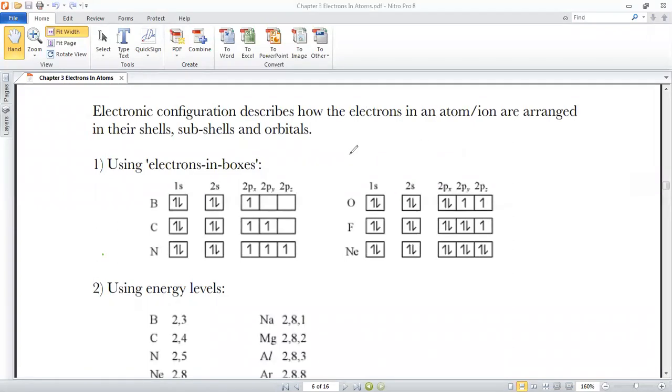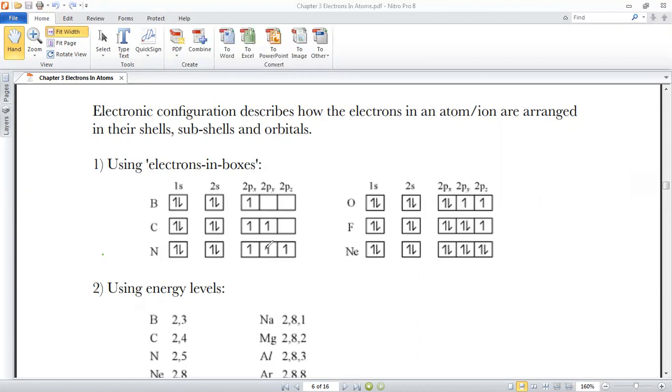But if you are drawing boxes and showing electrons as arrows, you have to show that the 2p subshell has 2px, 2py, and 2pz. 3 boxes are there, and all 3 will receive 1 electron each with the same spin. Not that you make one upward and one downward. With the same spin. So electrons will go to different orbitals of the same energy and prefer to have the same spin rather than paired spin in the same orbital.